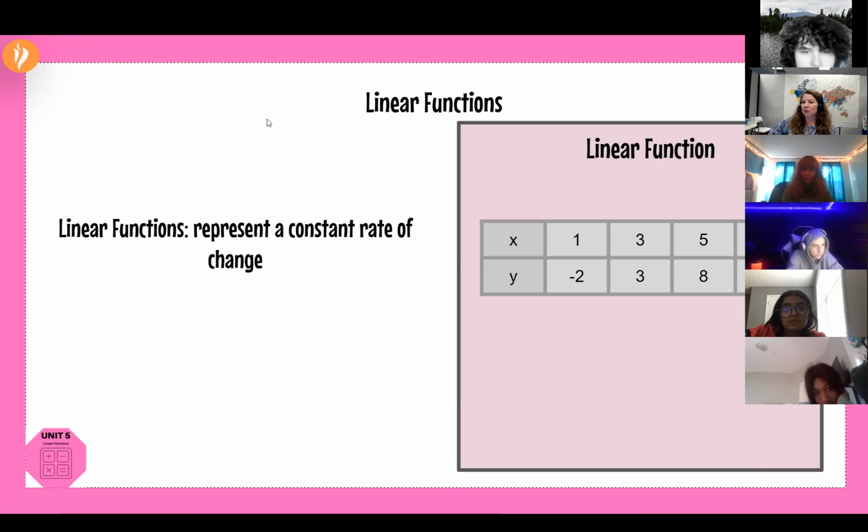What is our rate of change? If it is constant, what is it? Jaden, you're close.